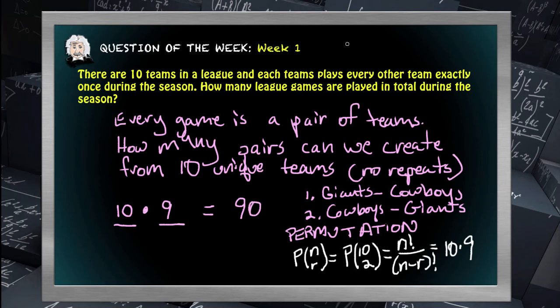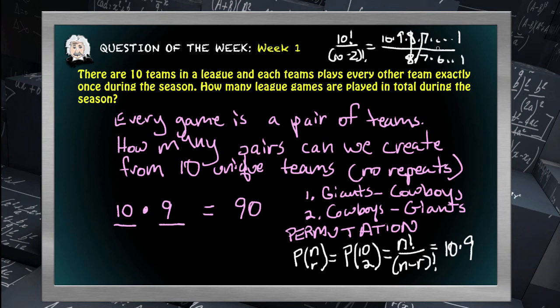And if you need to see that further, I could put that up here: 10 factorial over 10 minus 2 factorial, which is 8 factorial, equals 10 times 9 times 8 times 7, etc., all the way to 1. And 8 factorial is 8 times 7 times 6, all the way down to 1 in the product.